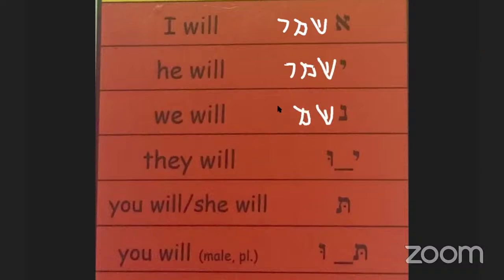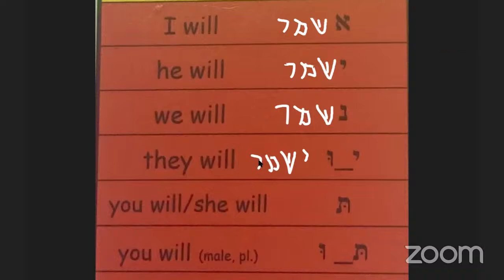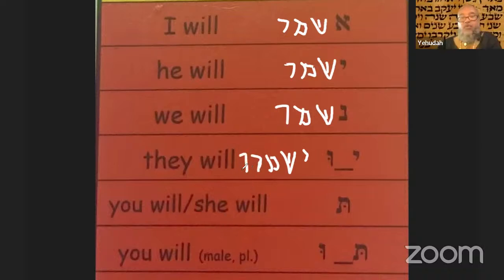Nishmar. Thank you. Then if I want to say "they will guard," I would have to put the yod, the shin, the mem, the resh, and then the u on the end. And that would be what? Yishmeru.